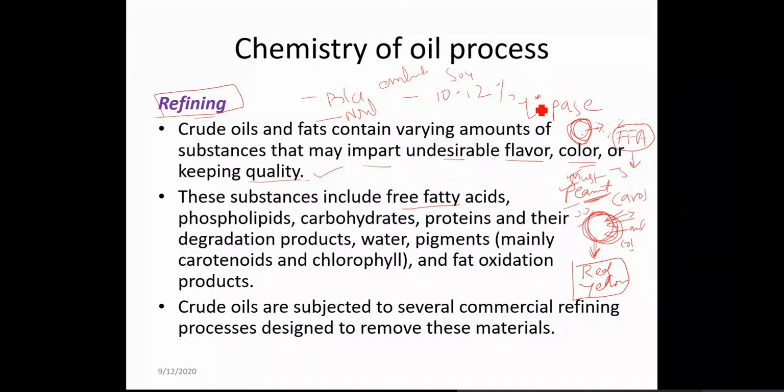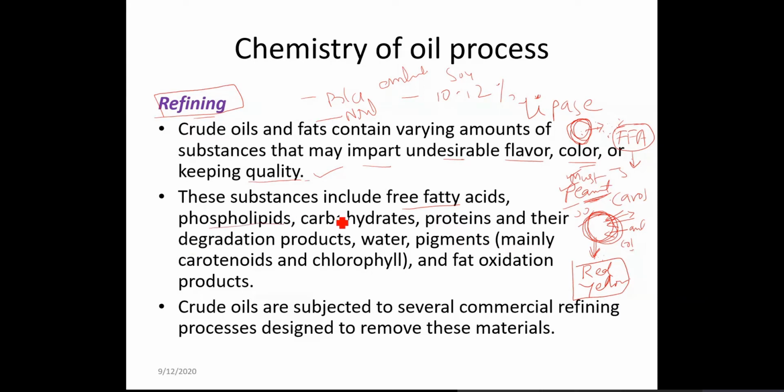So powdered peanut has lesser shelf life compared to the whole peanut. But even whole peanut, you see that the rancid taste will come because of the rancidity or the oxidation of the free fatty acid. So naturally also, due to the storage and temperature abuse, these free fatty acids are formed.